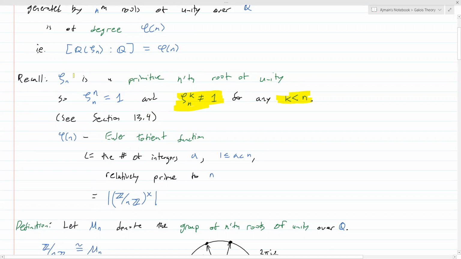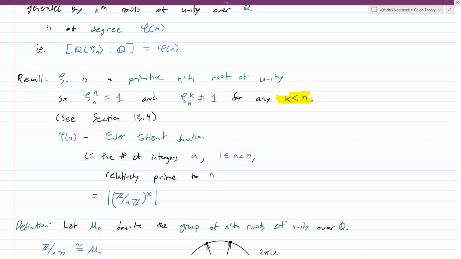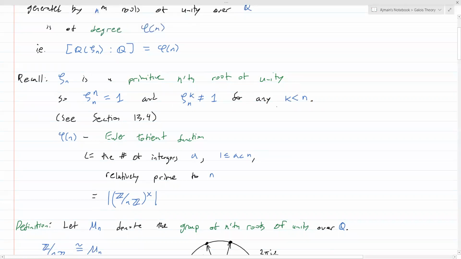So for example, 1 is not a primitive nth root of unity, but e to the 2 pi i over n is a primitive nth root of unity.